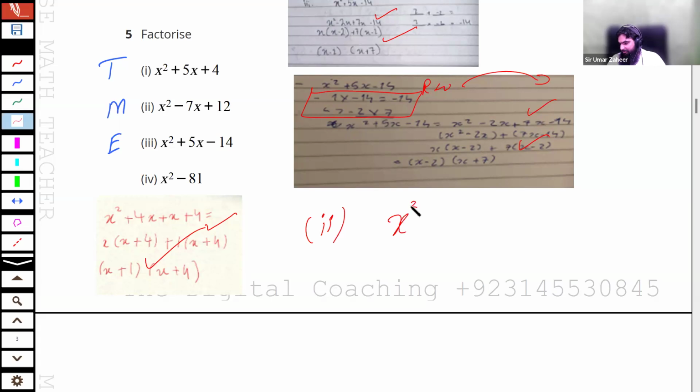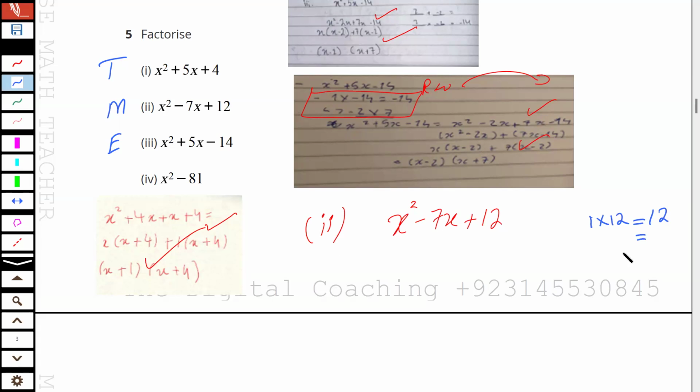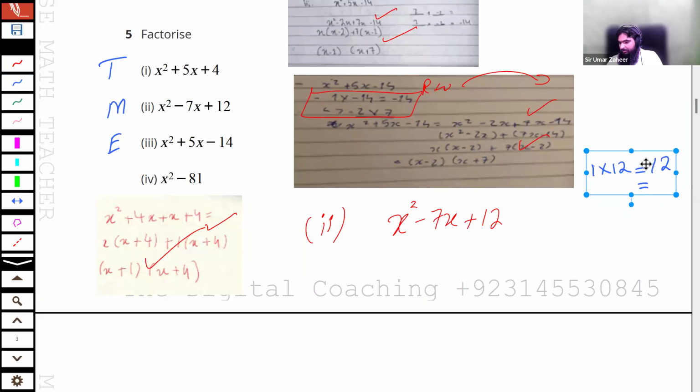We have x squared minus 7x plus 12. So we multiply 12 with the coefficient of x squared, which is 1, so it will be 12. So the possible pairs are, yes, Mustafa, possible pairs are -3 and -4. Okay, you are telling me the right pair directly. 1 into 12, 2 times 6 is 12, and 3 times 4 is 12.